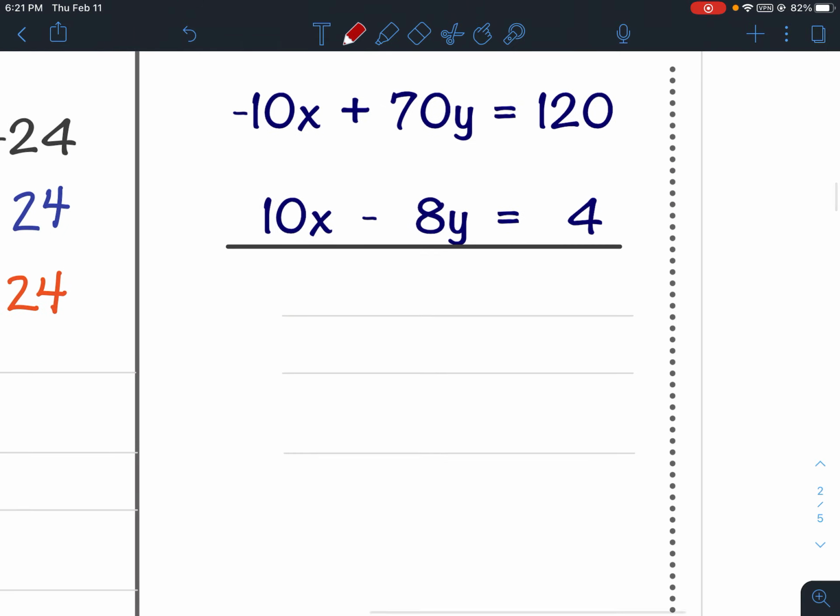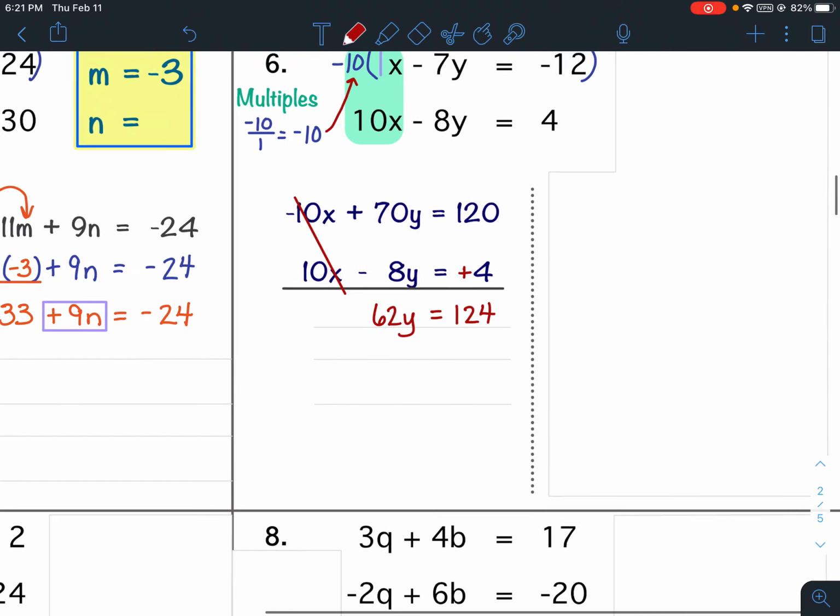Okay, well, my x terms are opposites, so they will cancel out, eliminating the x variable. 70y minus 8y would give me 62y. And 120 plus 4 is 124. I'm actually going to stop there.